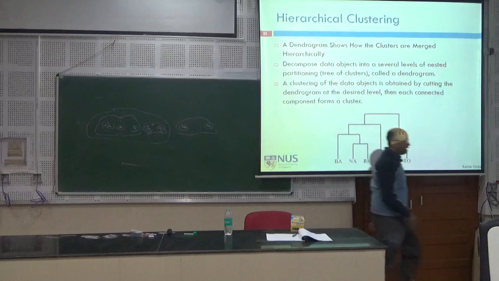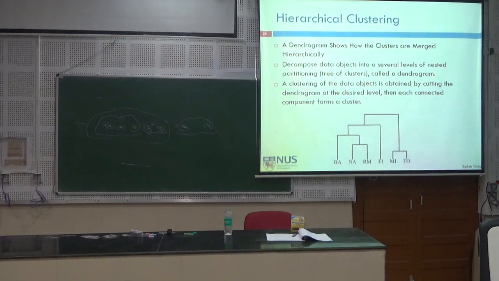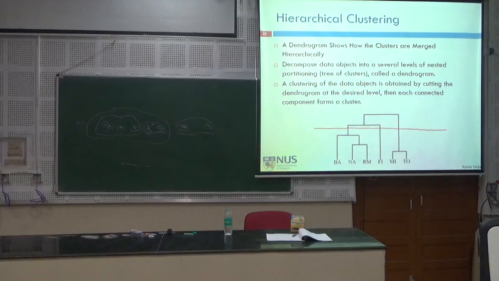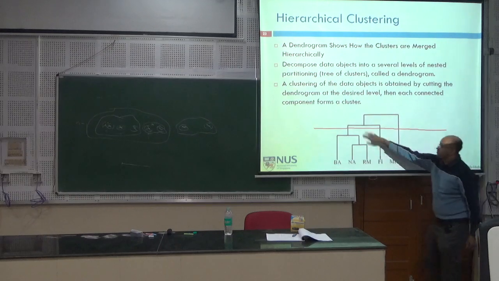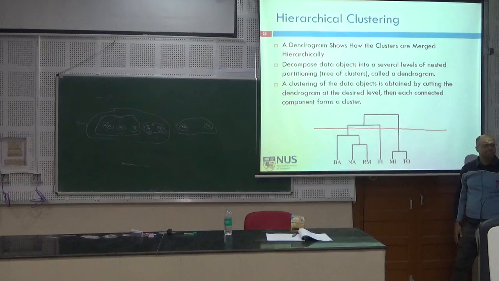I have my laptop today, so I can do things like that. Let's say I want to have 3 clusters. So what I do is I chop off here. 1, 2, 3 steps. After 3 steps I chop off my diagram. I don't care about the top part.